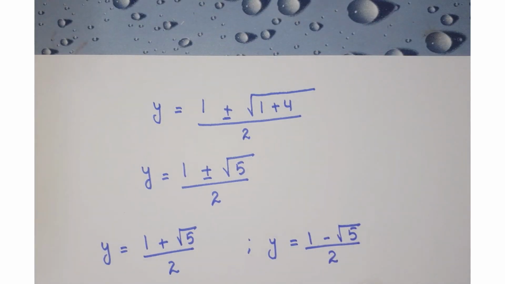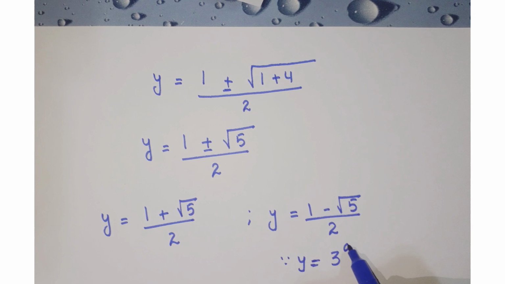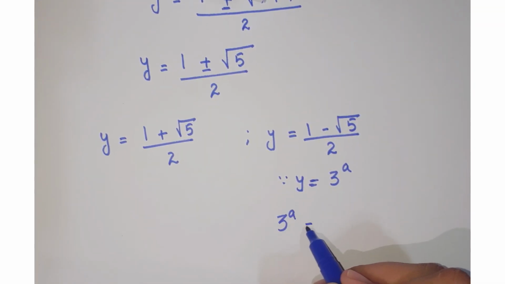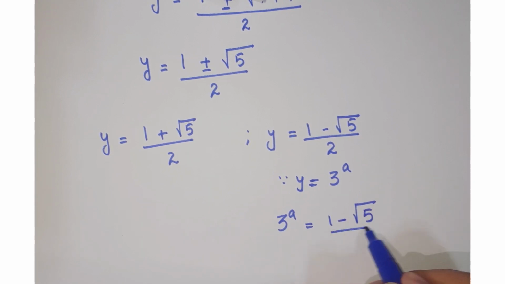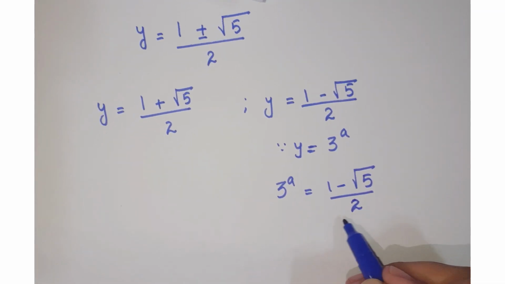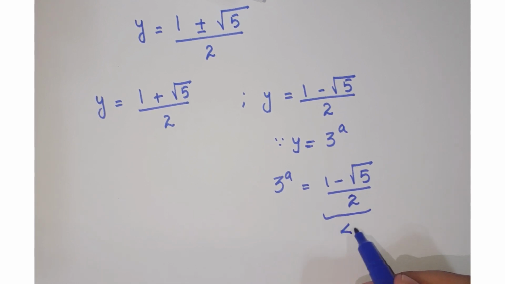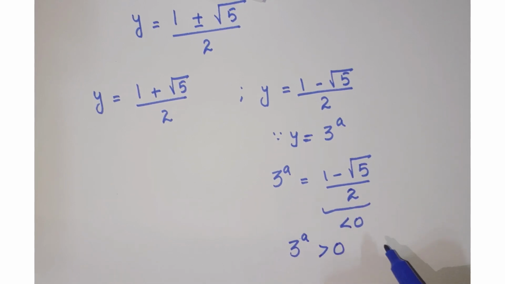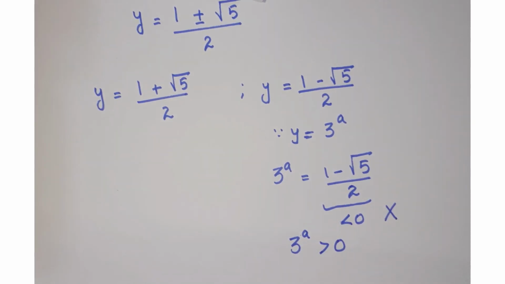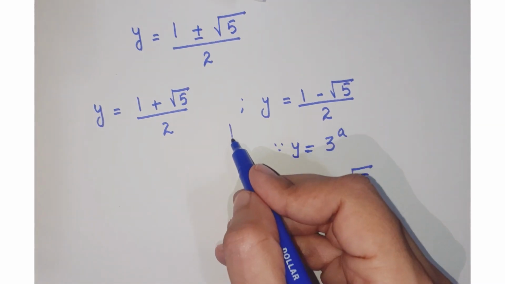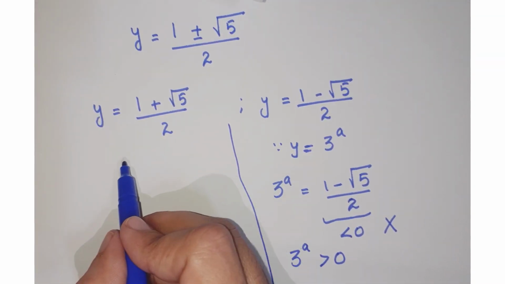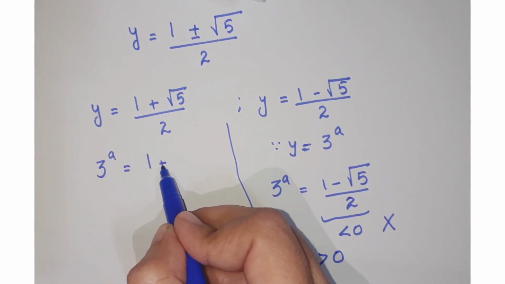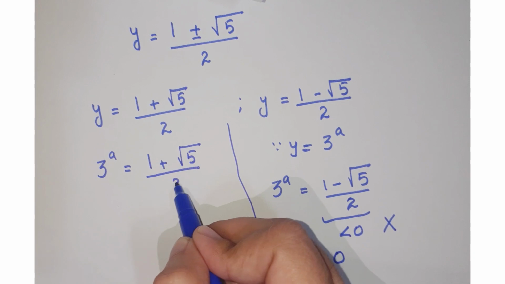Now since y is equal to 3 to the power a, 3 to the power a is equal to 1 minus under root 5 upon 2, but this value is negative, and 3 to the power a is greater than 0, so we reject this solution of y. Now working on the other solution, y is 1 plus under root 5 upon 2, replacing y with 3 to the power a: 3 to the power a is equal to 1 plus under root 5 upon 2.